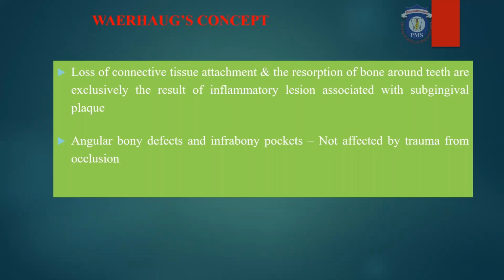So there is no influence of trauma from occlusion. It's mainly due to the presence of subgingival plaque. The angular bony defects or the supra-bony and infra-bony pockets usually occur due to the presence of plaque and are not affected by trauma from occlusion. So this is a contradictory concept that doesn't show any influence of trauma from occlusion on progression of periodontal disease.